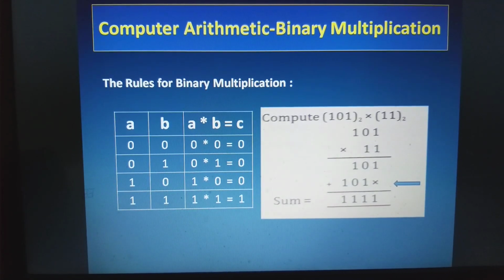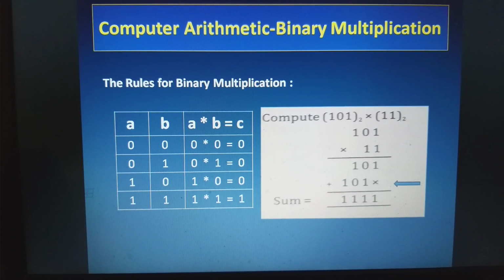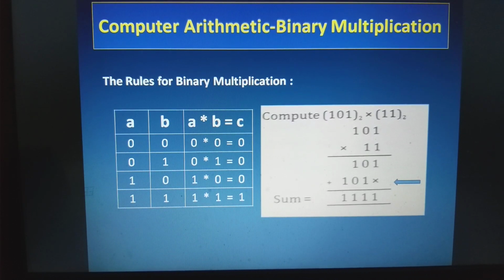Now we discuss the rules to multiply two binary numbers. Now with reference to the example, while multiplying, 1 into 1 equal to 1 is written under the same column. Then 1 into 0 equal to 0 and 1 into 1 equal to 1 in the next places to the left.